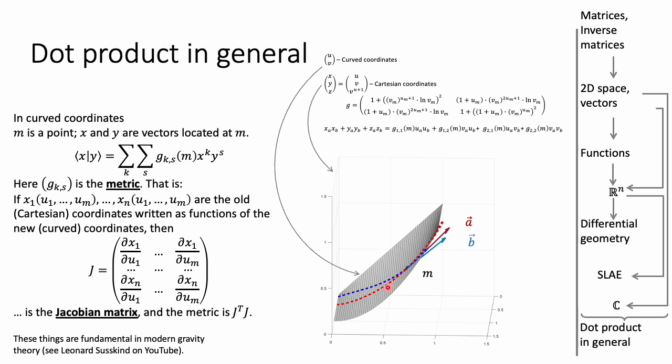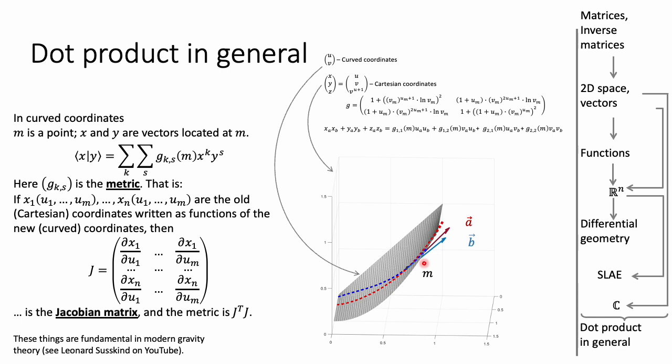There are two vectors in the point M, A and B, which are no longer formally in the surface itself because the surface is curved, but they are tangent to the surface and they can be validly operated in the framework of dot products and stuff.